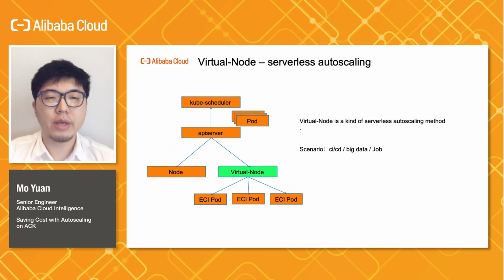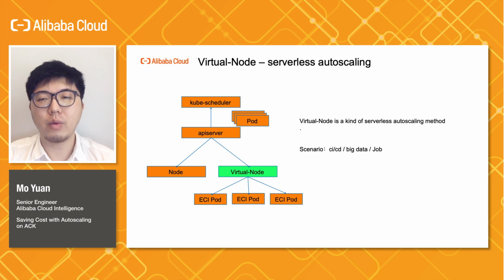Virtual node is a very unique resource autoscaling method. It is serverless autoscaling rather than the plain one. You don't need to care about what is the node and how many resources I need. What you need is to bind the pod to the virtual node. You can use node selector and the toleration to do that.